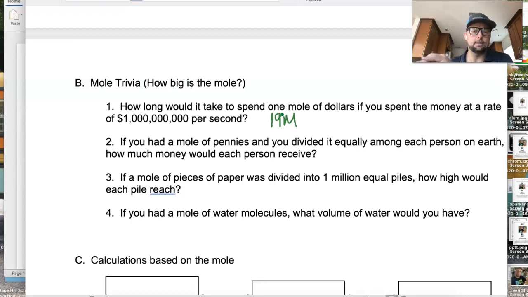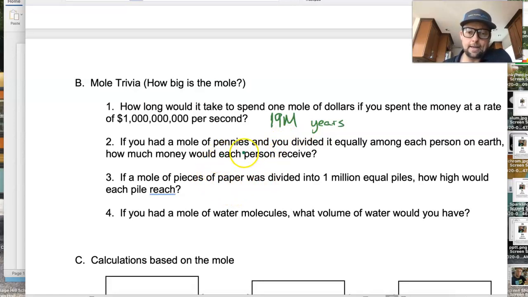If we had a mole of dollars and divided it by 1 billion, you still get a really large number, and it turns out that it would take 19 million years to spend if you were spending $1 billion per second.